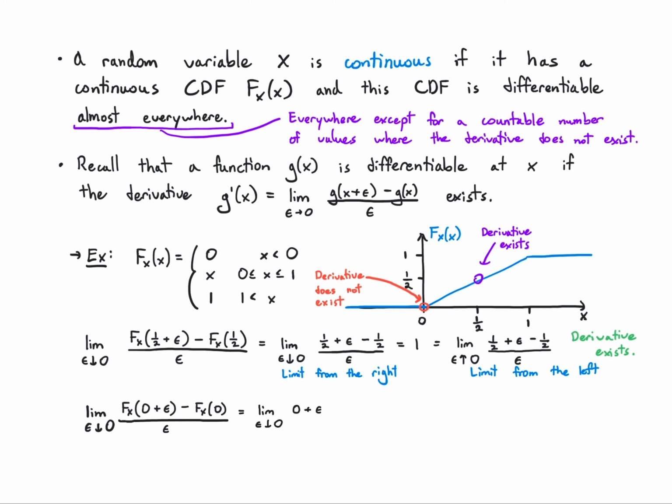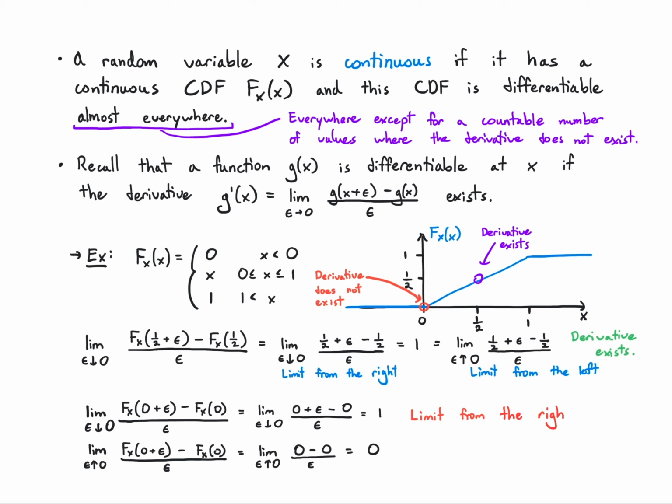So I'm going to plug in these numbers, but the point is I'm going to get slope 1. But if I come from the left, so if I send epsilon up, then I get slope 0, right? And I can plug in and see that that's true. I get slope 0. So in this case, the limit from the right and the left do not agree. So we have to say that the derivative does not exist at x equals 0.